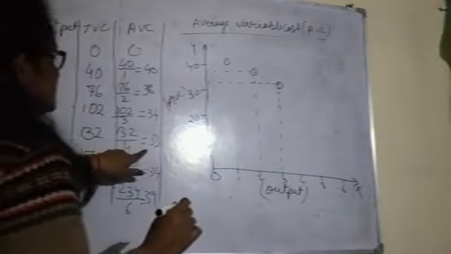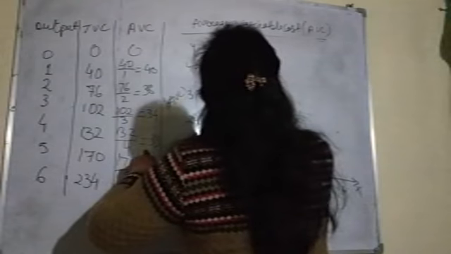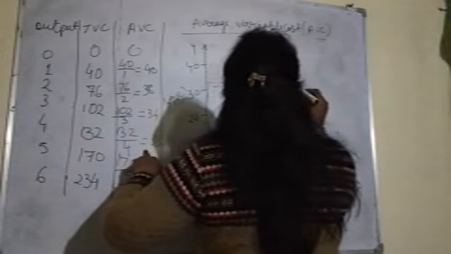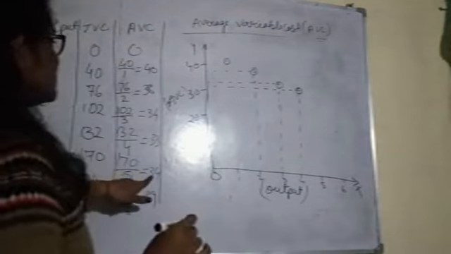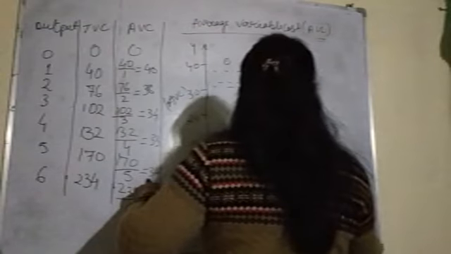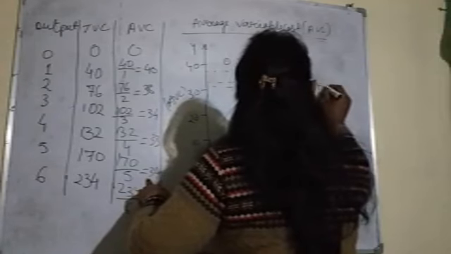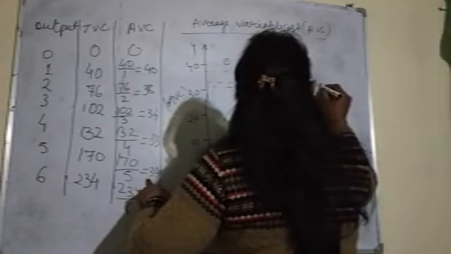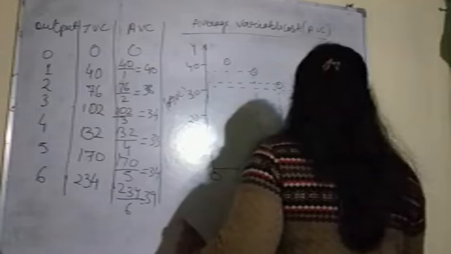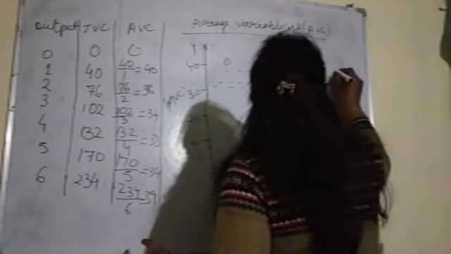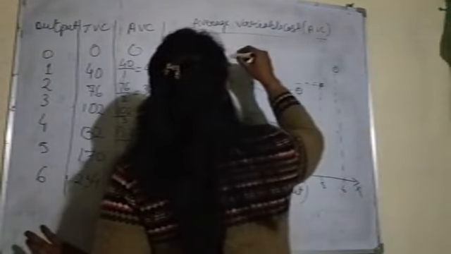At 4 it is 33, just one less. At 5 it is 34 again. And at 6 it is 39, somewhere here.